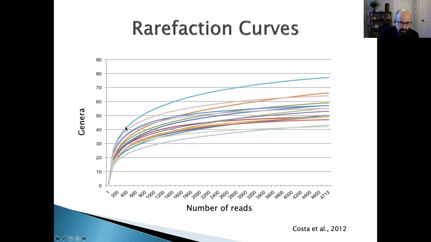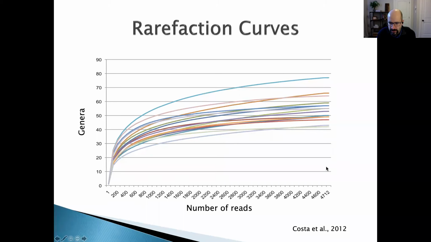So it had around 40 different genera, okay? So in reality, what we are doing here is evaluating the number of different genera or species, which is a concept of richness, correct? I hope this is clear to everybody.